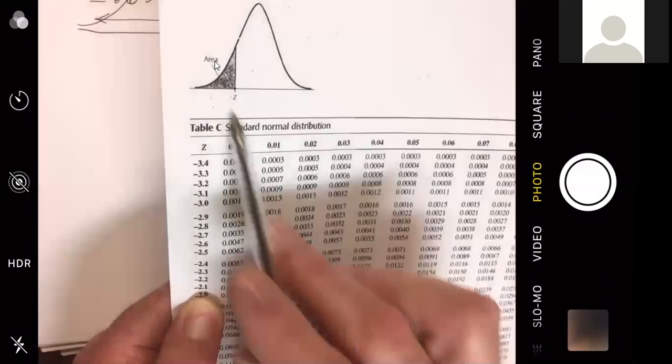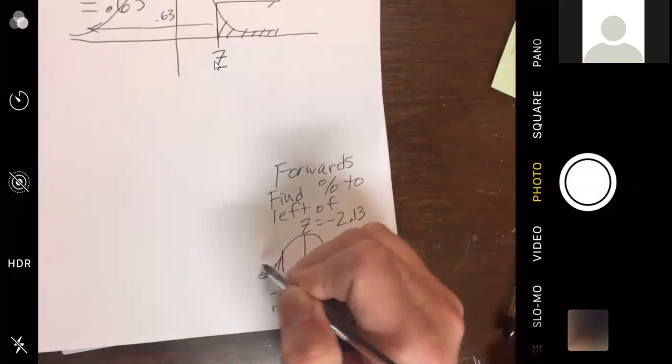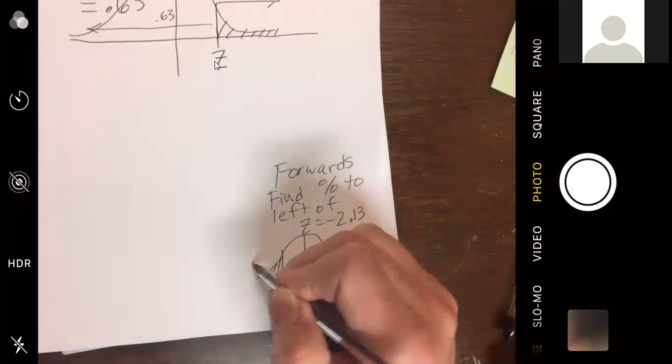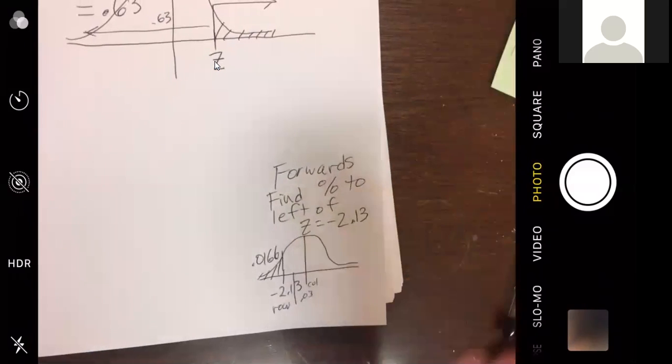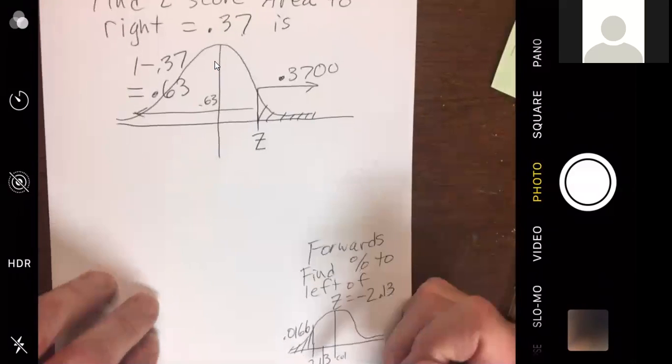And that is your black, always. 0.0166. So that is called going forwards. That was the first section of problems.